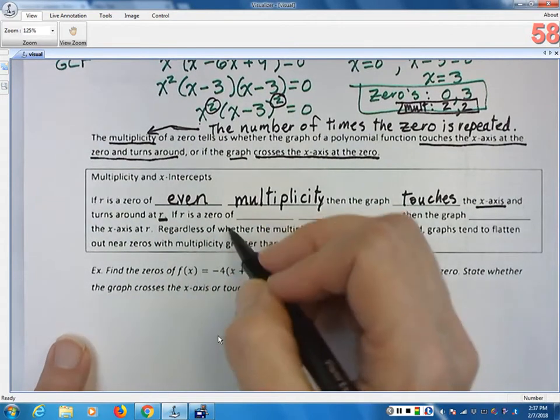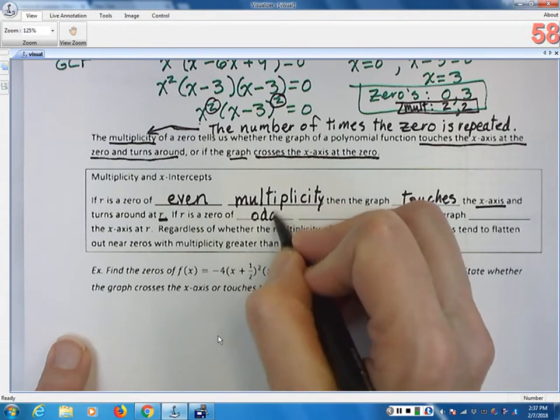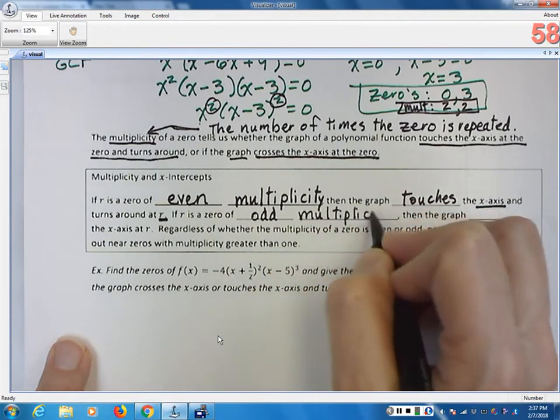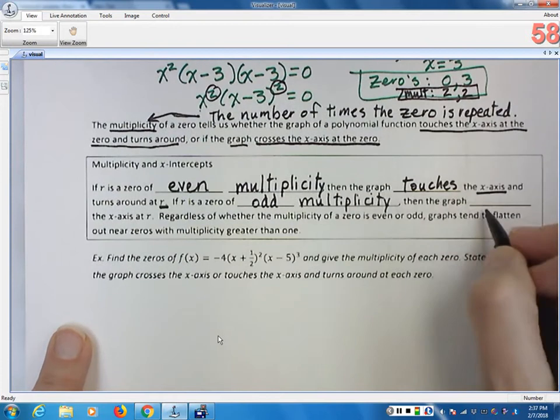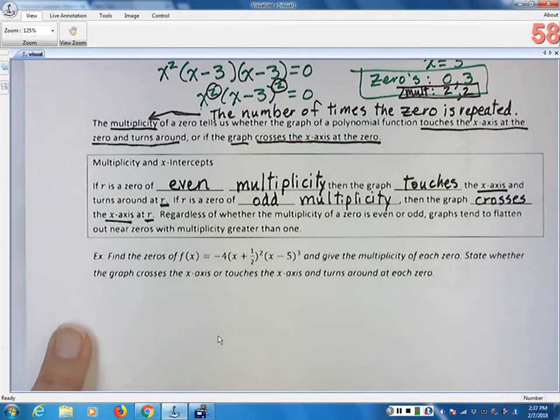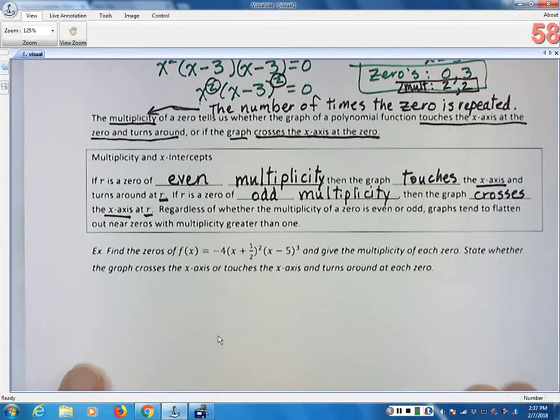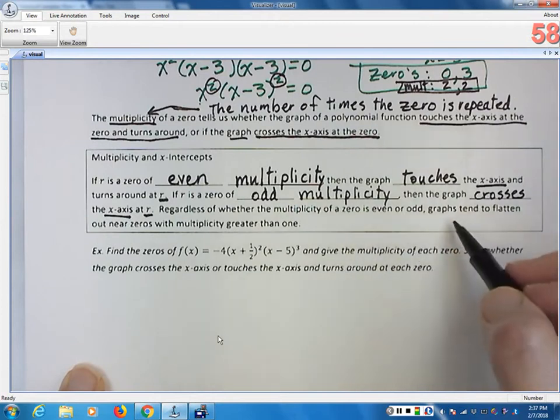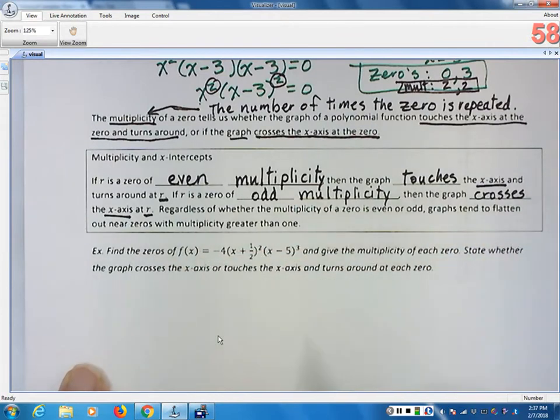If r is a 0 of odd multiplicity, then the graph crosses the x-axis at r. And then regardless of whether the multiplicity of the 0 is even or odd, graphs tend to flatten out near zeros with a multiplicity greater than 1. So now we're finding out about the middle part.